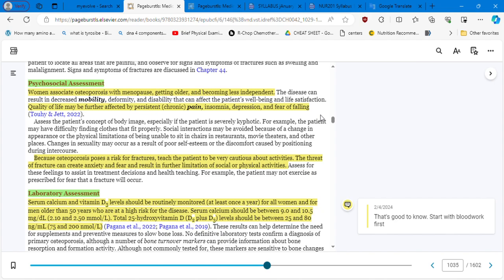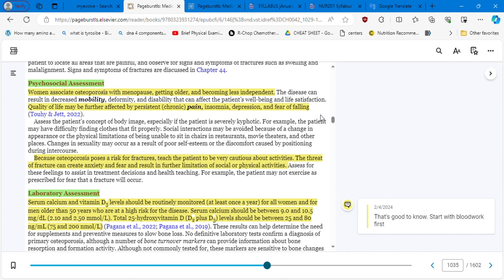Depression is not an issue, insomnia is a little bit of an issue, and the fear of becoming dependent is not there because they have the appropriate weight. They are able to walk, they are able to do their activities of daily living, and mentally they are okay. The amount of cholesterol and sugar is okay.